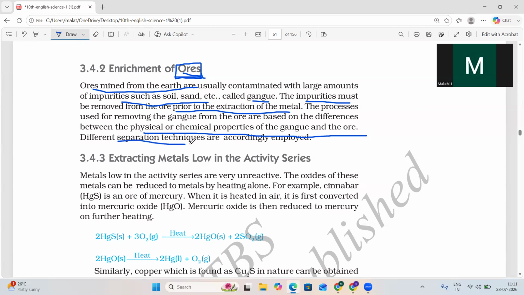So we should use different physical and chemical properties to remove these gangue particles.